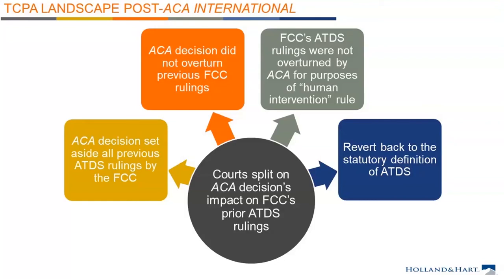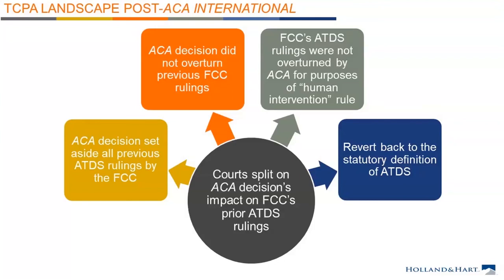And other courts have essentially reverted back to the statutory definition of an ATDS going forward. So the courts are still grappling with some of this fallout of the DC Circuit's order, and it remains in many ways an open question on some of these issues, and it remains unsettled.